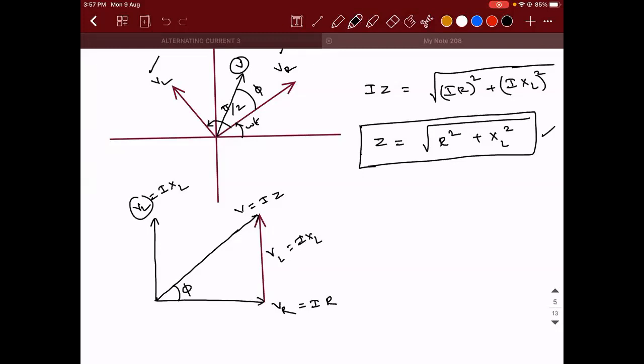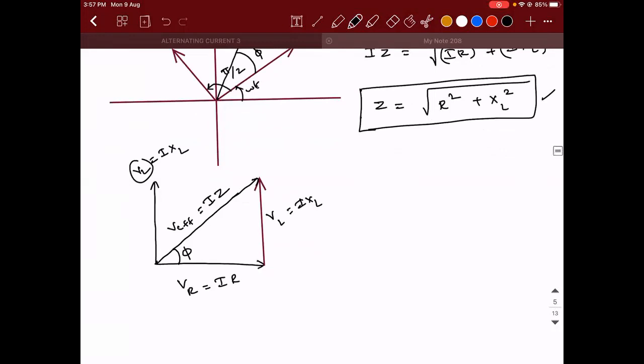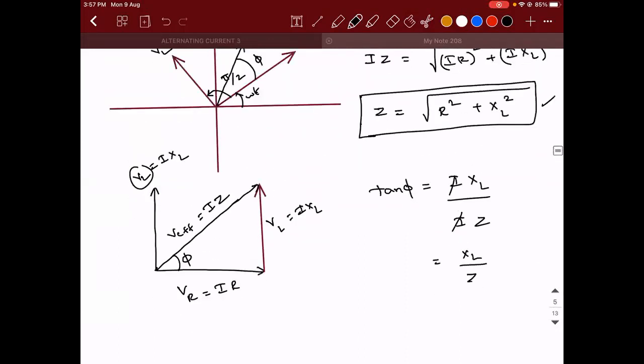VL will be equal to I into XL, VR will be equal to I into R, and V effective will be equal to I into Z. Now, what is tan phi from this triangle? Tan phi will be equal to I into XL divided by I into Z. I and I will get cancelled. It will be XL divided by Z.